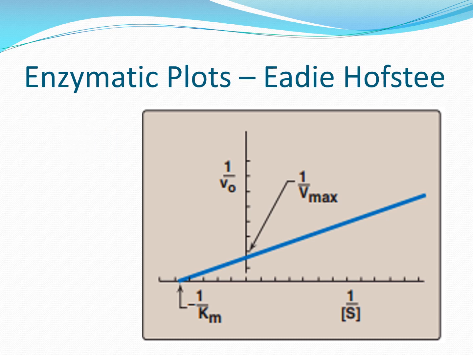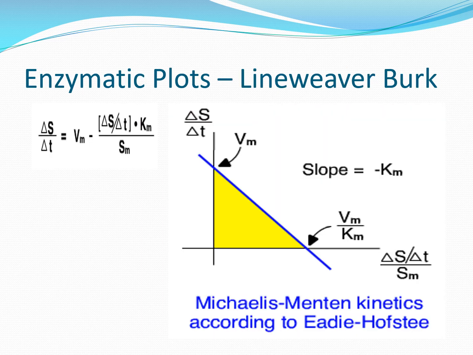This is also your Eadie-Hofstee. Again, nice to know. So it would follow that your Michaelis-Menten kinetics would follow according to your Eadie-Hofstee equation, such that your Vm and your Vm over Km could be plotted in enzymatic plots.